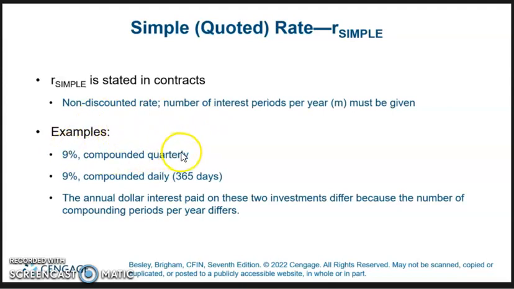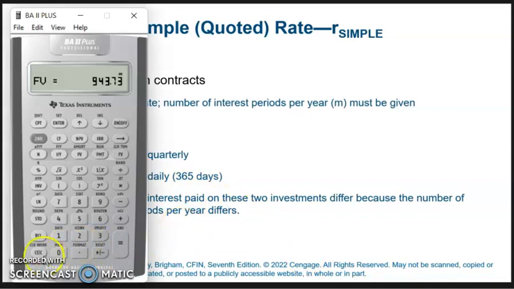So we have 9% compounded quarterly and 9% compounded daily. I'm actually going to calculate EARs here from the APRs. There's a function on your calculator. We go to our calculator.